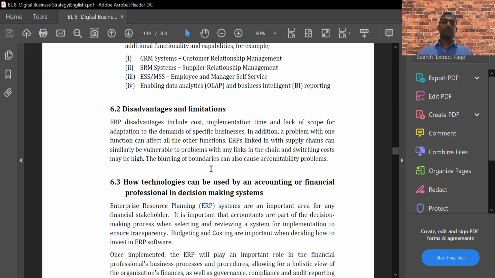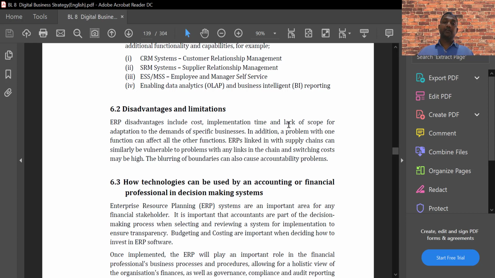Now let's look at the disadvantages. Disadvantages include the high cost and the time taken for implementation, and the lack of scope for adaptation to the demands of the specific business, because this ERP software is catering to a large number of organizations, and it is not directly and specifically catering to the organization you are working for.